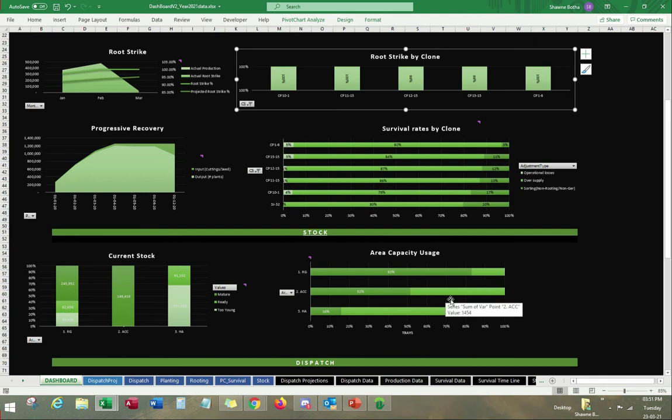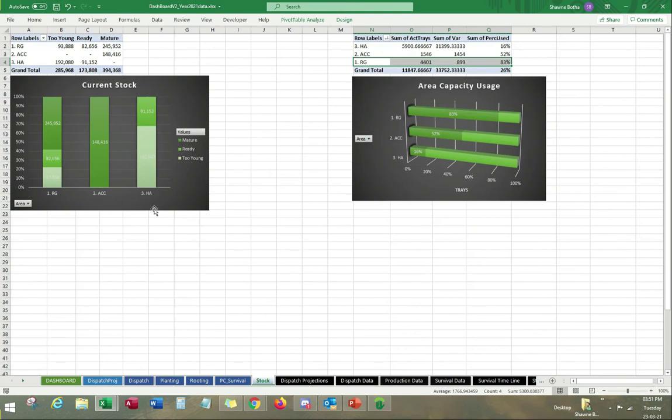But now we can go and look at stocks per clone. So we could, for instance, create a new pivot table.